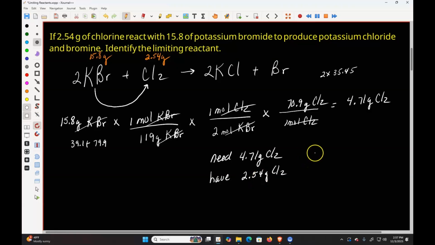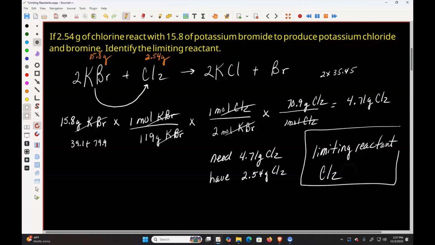So therefore, my limiting reactant will be Cl2 because it's going to run out before the KBr runs out. So if I have just 2 reactants and nothing else given, I simply take one and solve for the other. I look at how much I have and how much I need and compare those two.